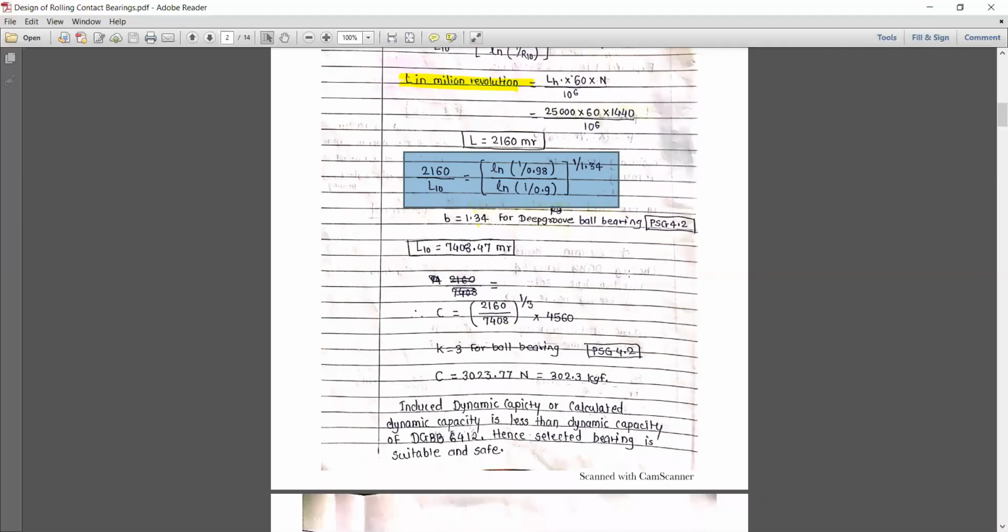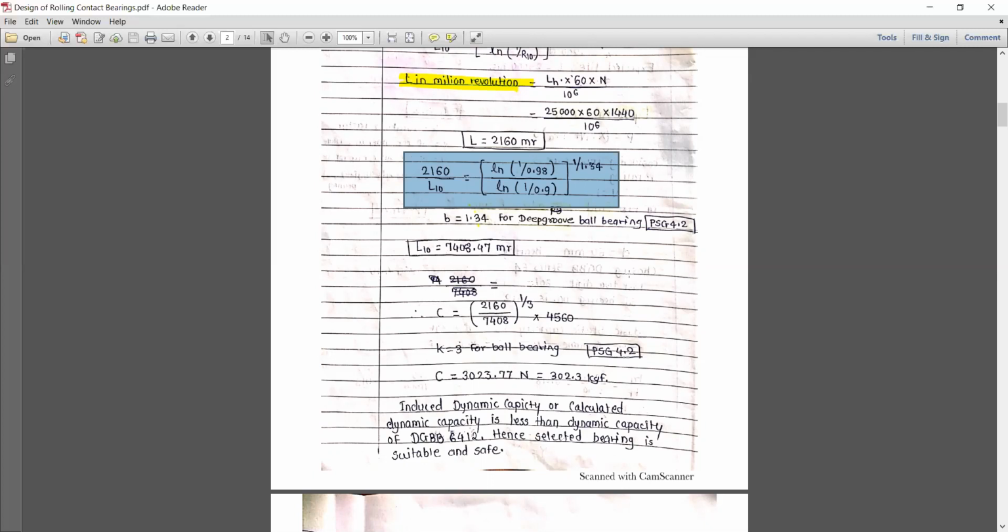Okay, one point you should note that the life of 90% probability of survival is greater than the life for greater than 90%. ठीक है, जब भी 90% से expected life बेरिंग का ऊपर जाता है तो वो reduce होता है. As the probability value increases beyond 90%, the expected life of that bearing gets reduced or decreases.